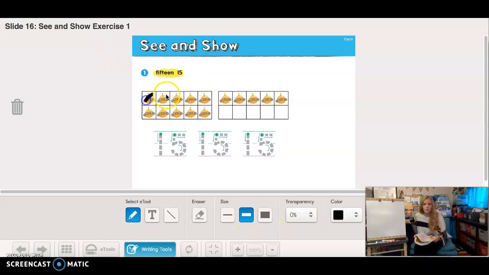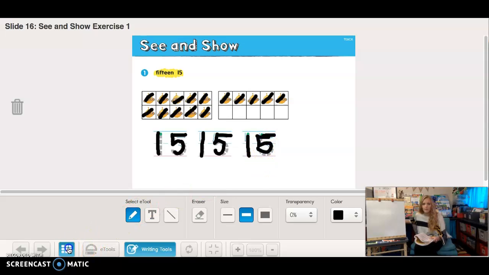Ready? 1, 2, 3, 4, 5, 6, 7, 8, 9, 10, 11, 12, 13, 14, and 15. So go down here and trace 15. All right. Now below, that's a not pretty 5.